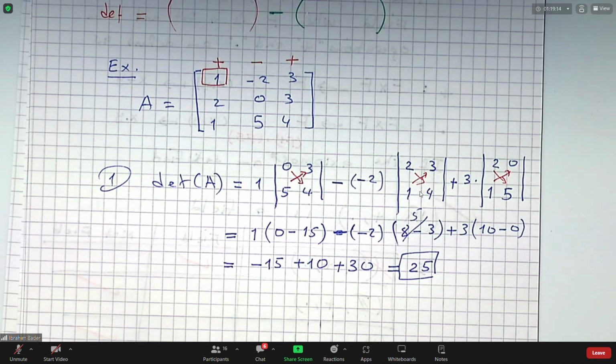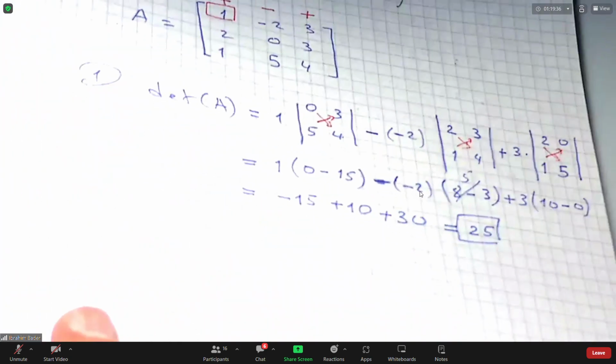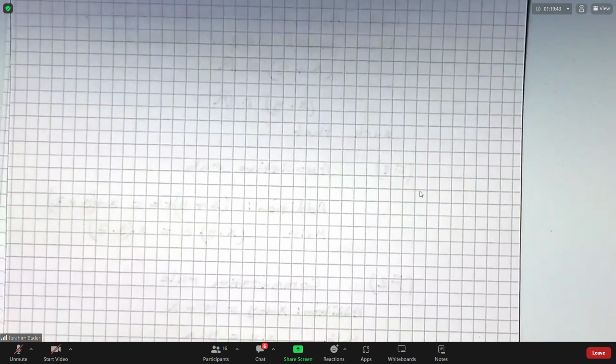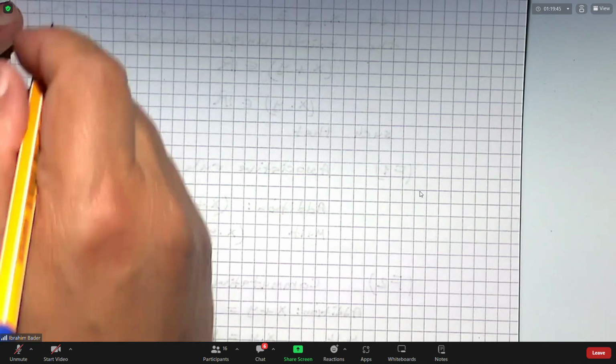Next, we will evaluate this same determinant using the other method, the so-called Sarrus method. And again here, we of course logically expect the same answer, right? So the second method.